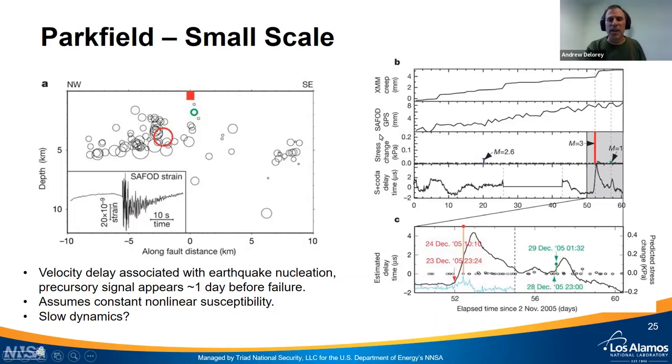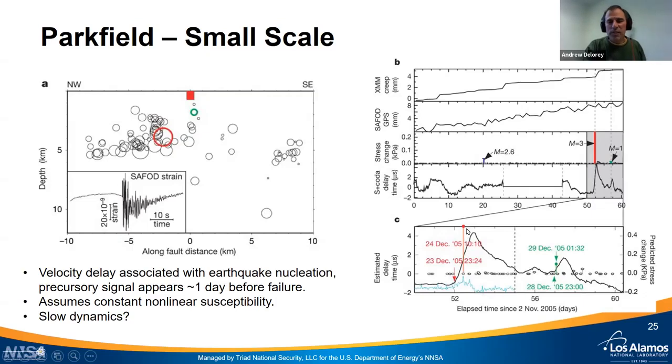And on the right-hand side, we have creep measured with a nearby creep meter, GPS, stress change, and S wave plus the coda delay. But what's important here is this down here, the estimated time delay in relation to these two earthquakes.